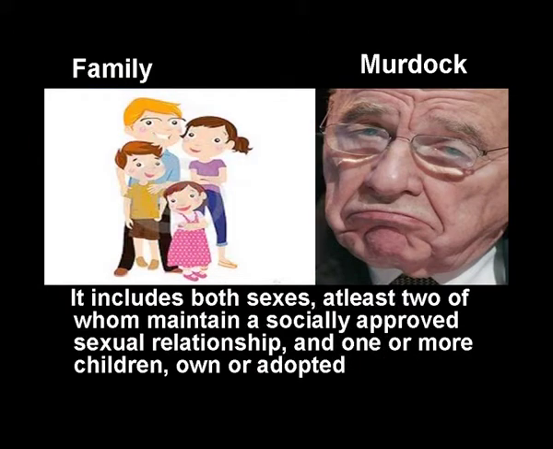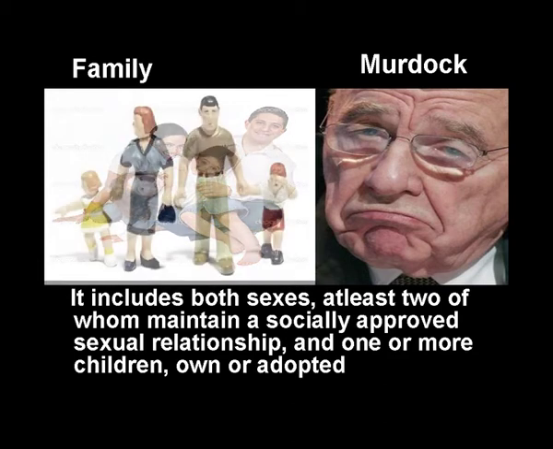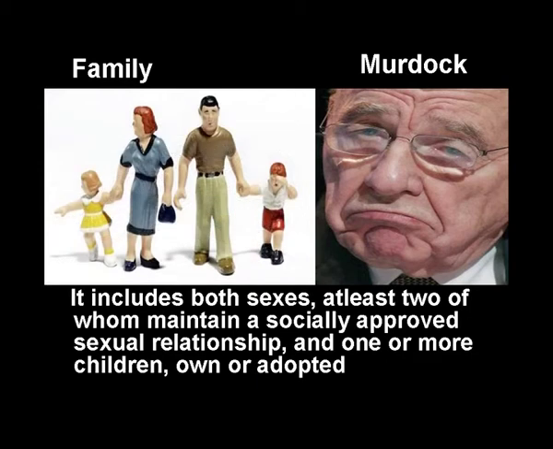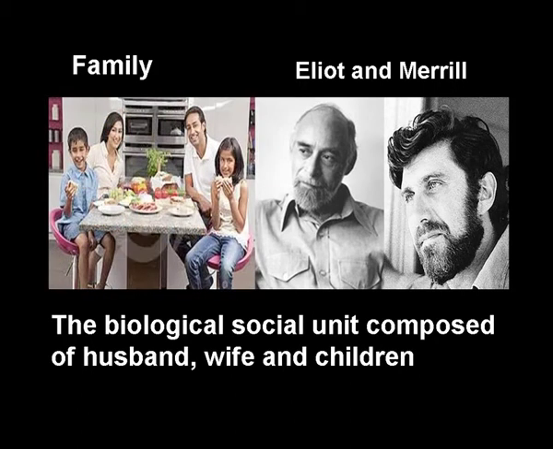It includes both sexes, at least two of whom maintain a socially approved sexual relationship, and one or more children owned or adopted. For Eliot and Merrill, family is the biological social unit composed of husband, wife and children.